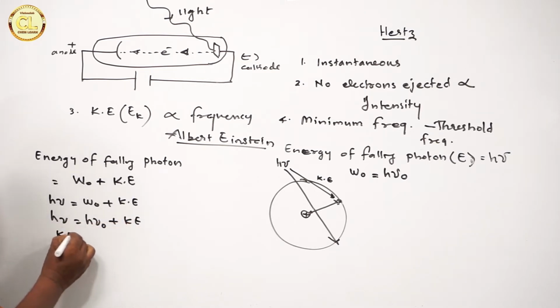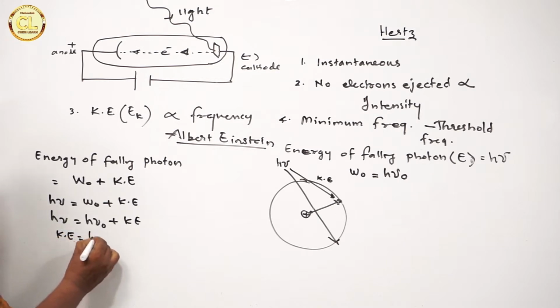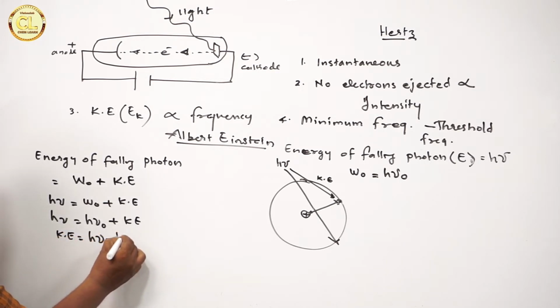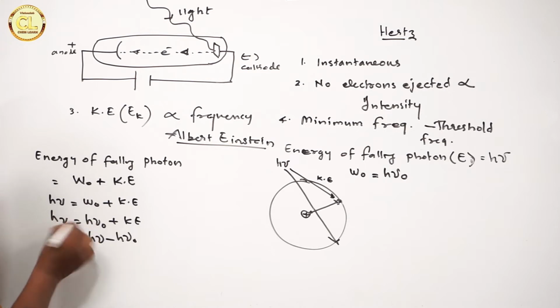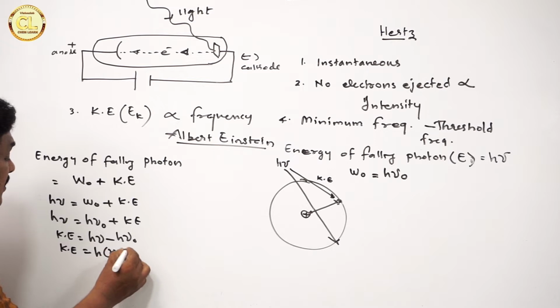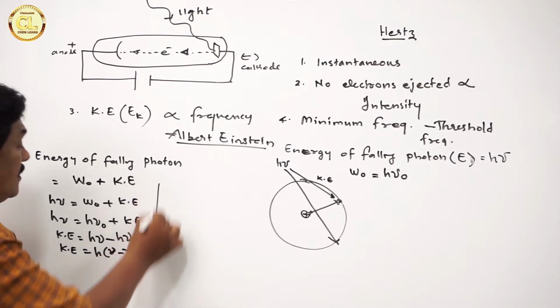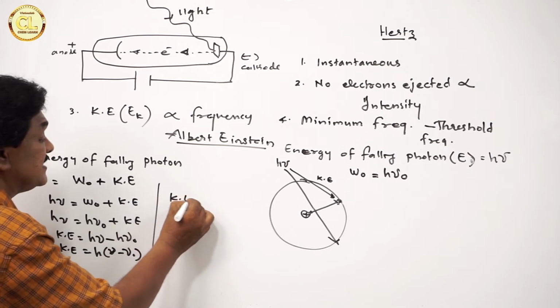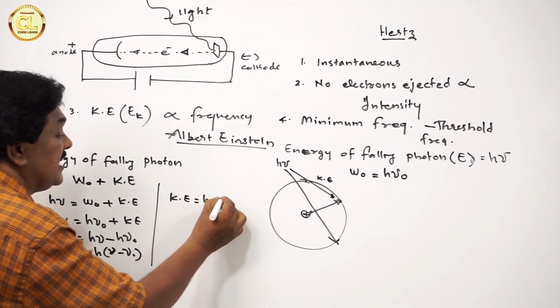Therefore, kinetic energy is equal to h nu minus h nu 0. Or we can say that kinetic energy is equal to h into nu minus nu 0. That is, kinetic energy is equal to h into delta nu.